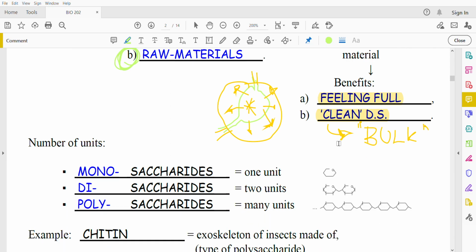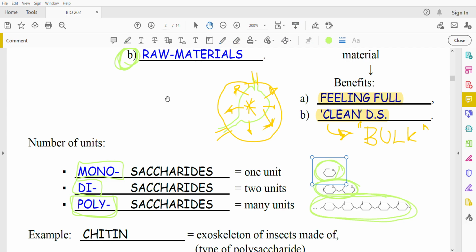Like I said, carbs could be made of a different number of units. And here we see first monosaccharides made of just one unit. If we have 2 units, we have a disaccharide and then a polysaccharide where we have more than 2 units, and the number could be however large at all.